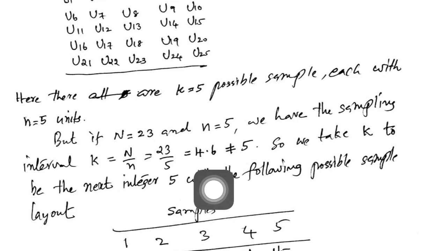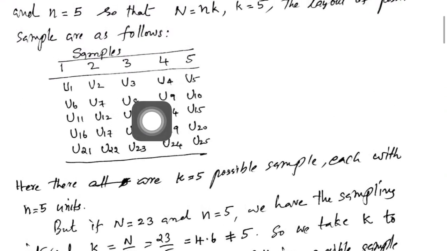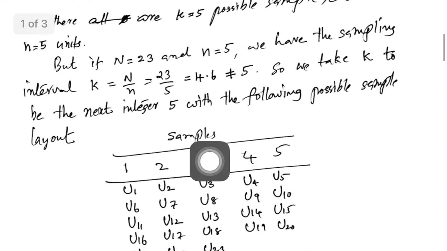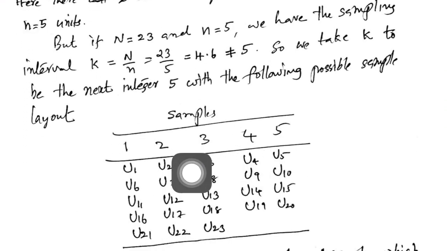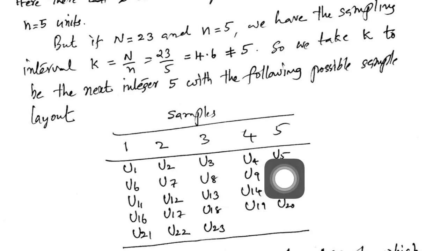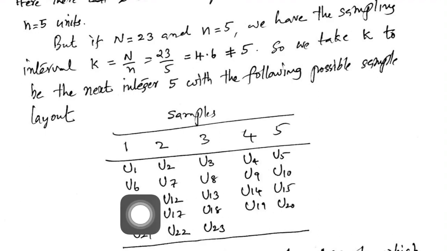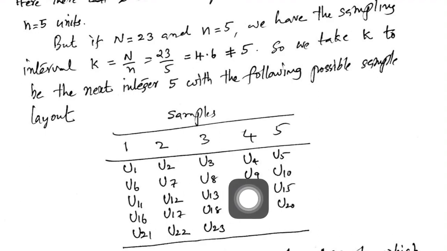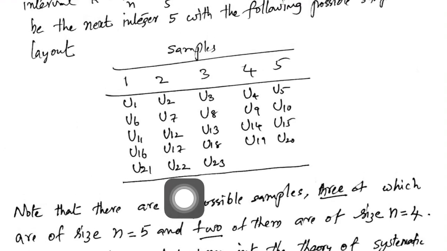Then you use a similar layout. Taking k as 5, you will have 5 columns: first unit, second unit, third unit, fourth unit, fifth unit. That means the kth unit. Then the k plus first unit, that is U6, U7, U8, etc. But you see that the serial ordering ends here.